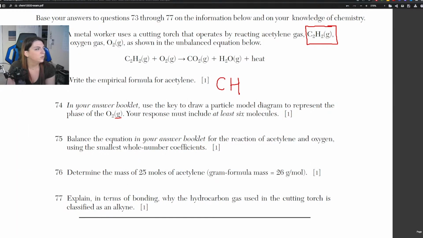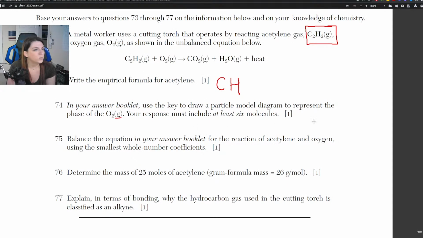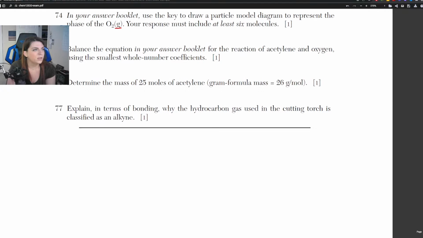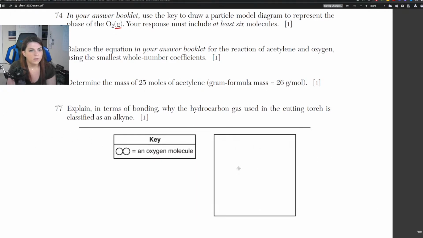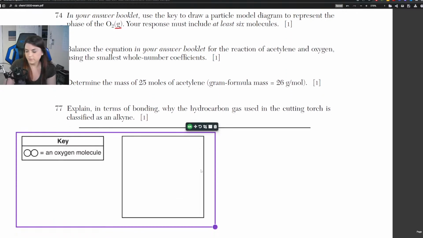But in terms of giving this as a test as a teacher, I think it's a really silly question. So I'm just going to copy and paste this from the answer booklet, and this is what it looks like in the answer book for question 74.